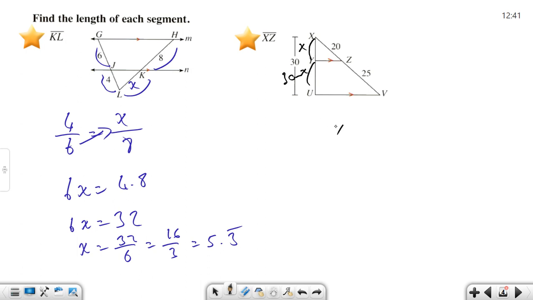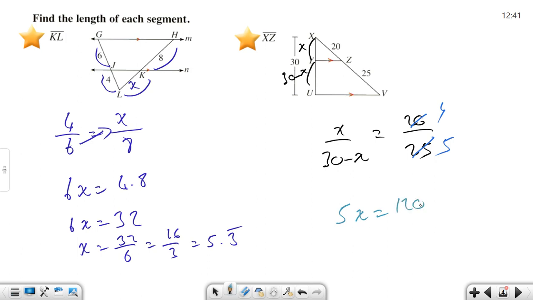X over 30 minus X is equal to 20 over 25. Let's simplify this 20 over 25 by 5. 4 over 5. So 5 times X, 5X, equals 4 times 30 minus X. That becomes 4 times 30, 120 minus 4X.